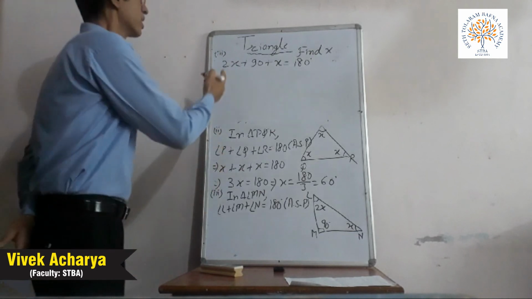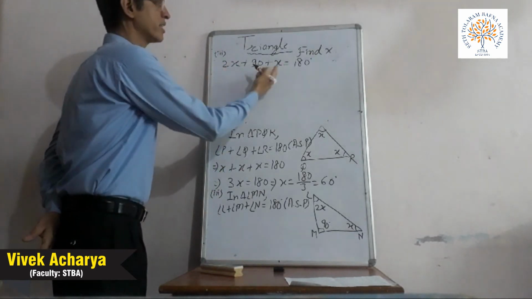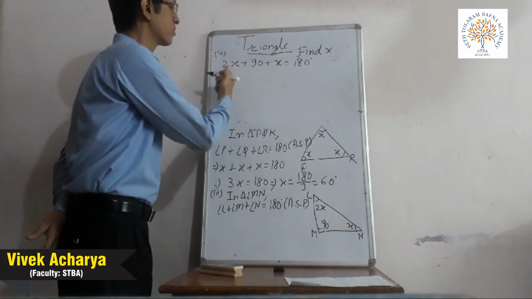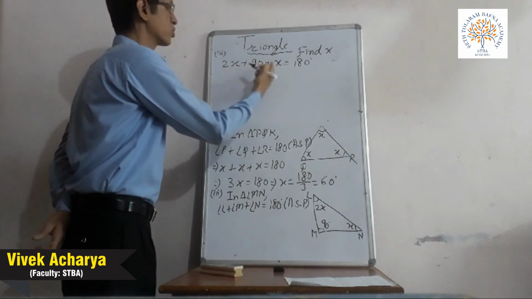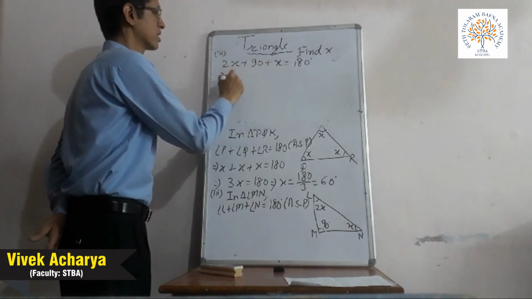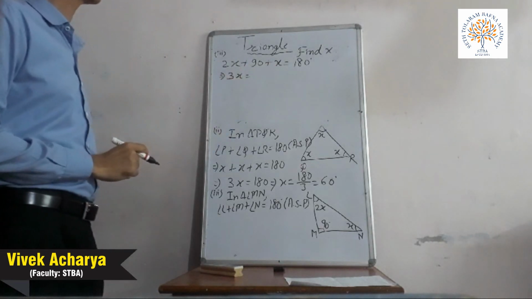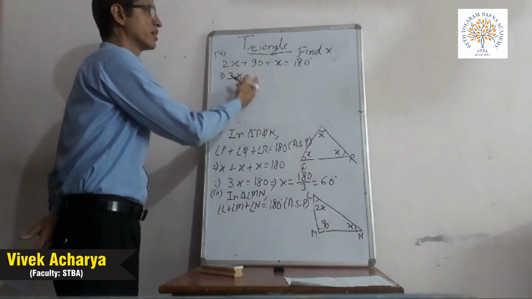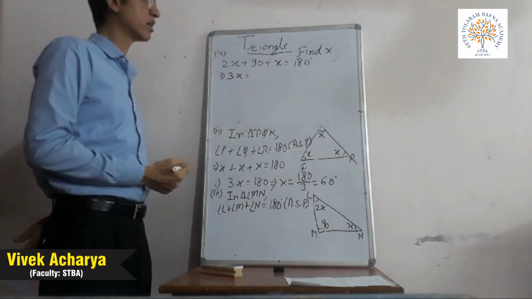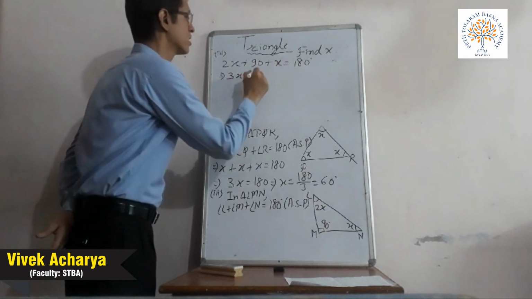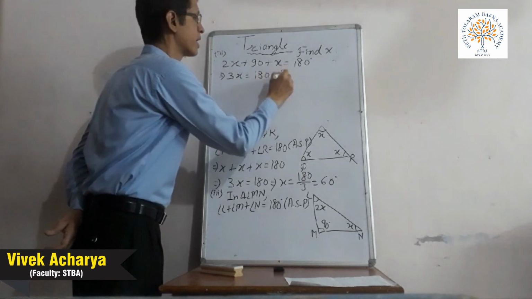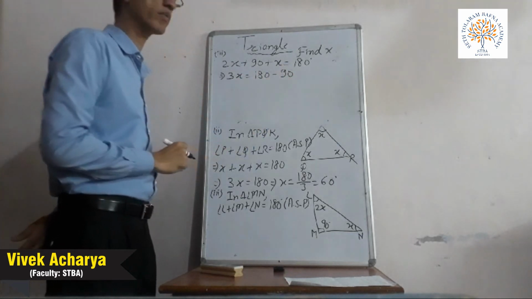So 2x and this is x, means 1x. When we add them, we get 2x plus 1x, and it is 3x. And transfer 90 to this side, children. When we transfer 90 to this side, we get 180 minus 90.